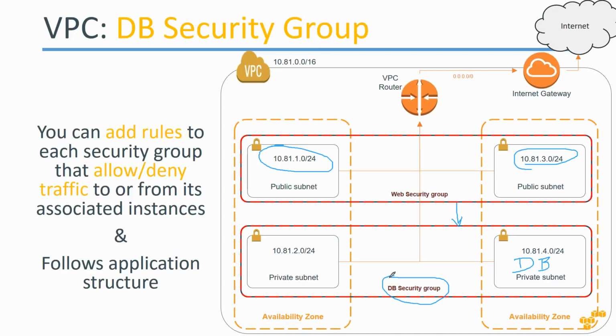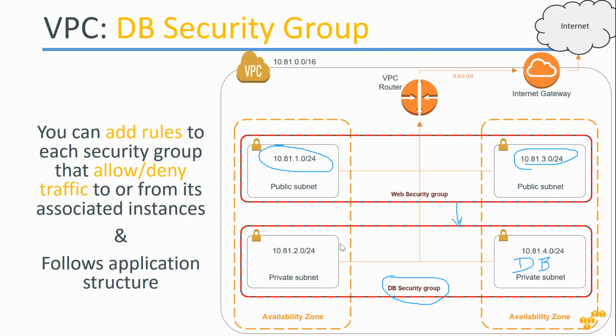So you can also write an explicit deny rule, that is also possible. Now I just gave you an example of an allow rule, which says allow everything from the web security group, and I can also write an explicit rule saying anything other than the web security group, deny it. That is also possible. So you have a configuration of both allow and deny in security groups, and you can take your application's logical structure into account when creating the security groups.